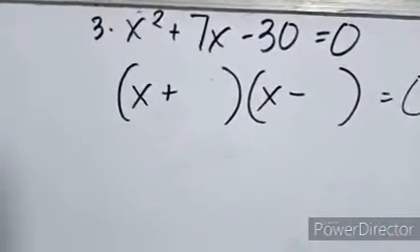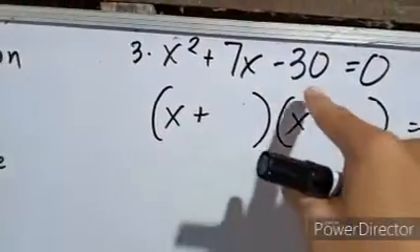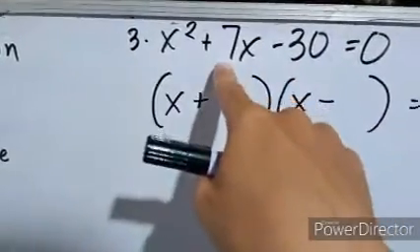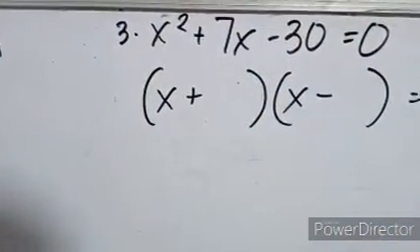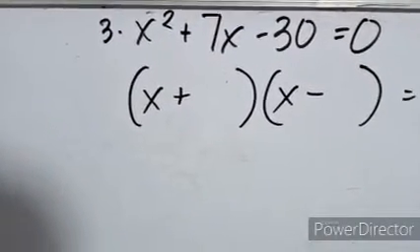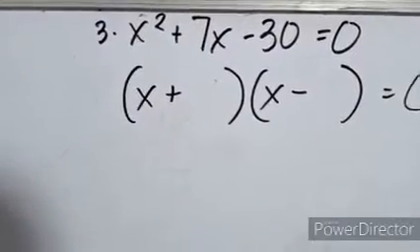So babalik tayo sa factoring nyo ng grade 8. So, what are the possible factors of negative 30 where the sum is positive 7? So, ang pwede natin gamitin ay 10 and 3. Ngayon, ang tanong dyan, which is positive and which is negative?